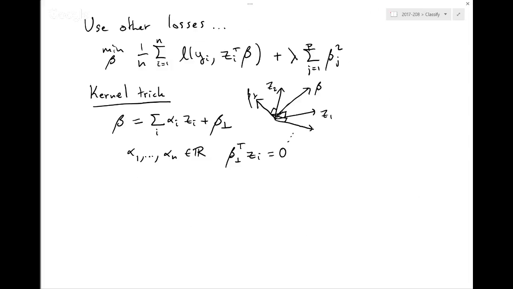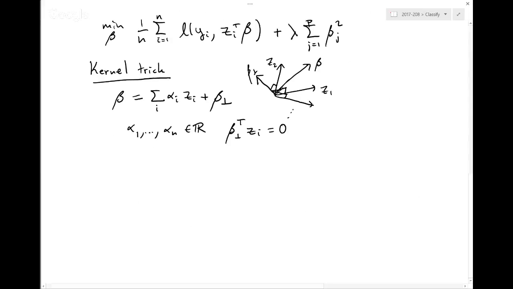So you mean if I visualize beta in this plane, and beta perpendicular is like this, then beta would be something. Yeah. So maybe if I draw it in 3 dimensions, it'd be easier.